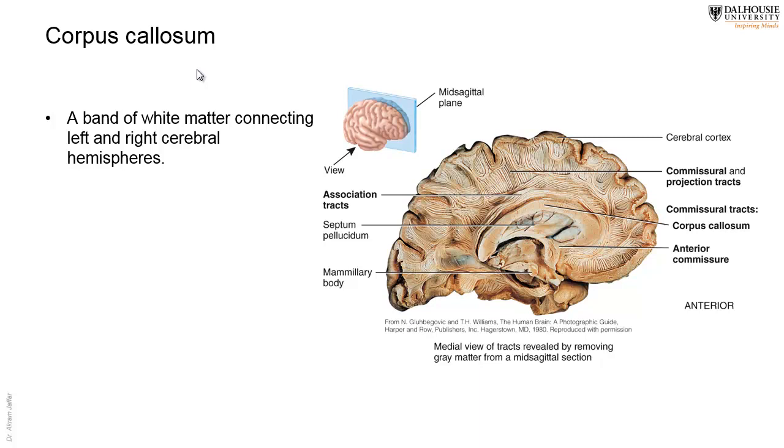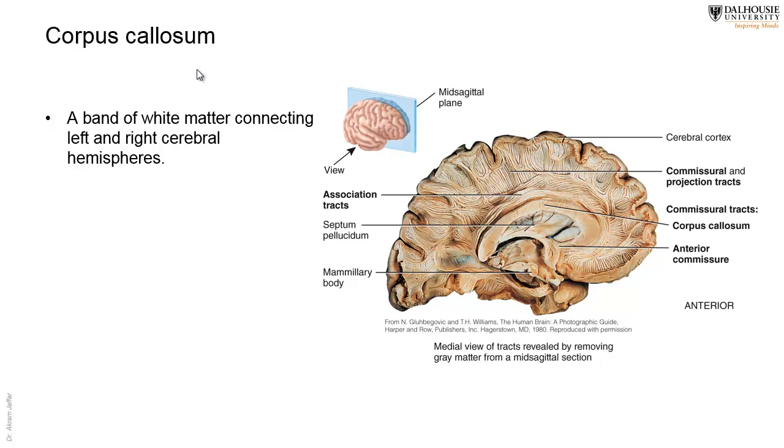So this is the corpus callosum here. This C-shaped structure is called the corpus callosum. In fact, its axons cross from one cerebral hemisphere to the other. There are multiple fibers crossing in other places, but this is, as I mentioned, the biggest bunch of white matter connecting the right and left cerebral hemispheres.